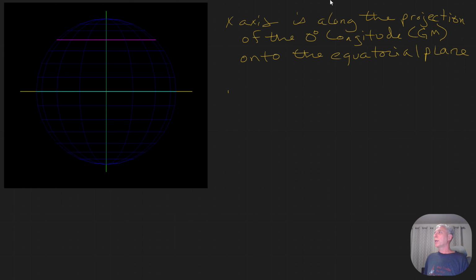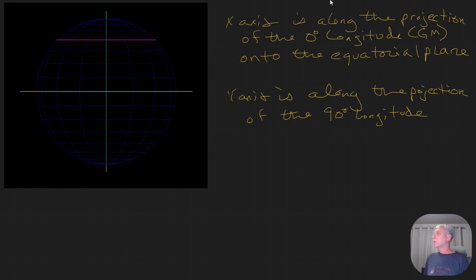And similarly, the y-axis is along the projection of the 90-degree longitude. And I'll put 270 degrees also, right?